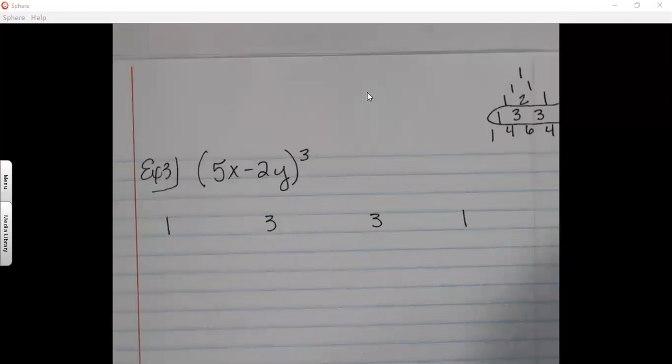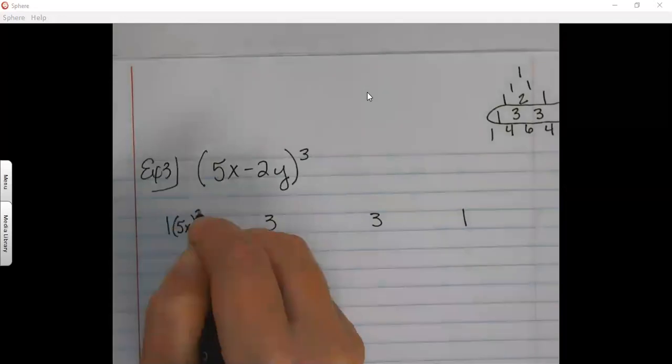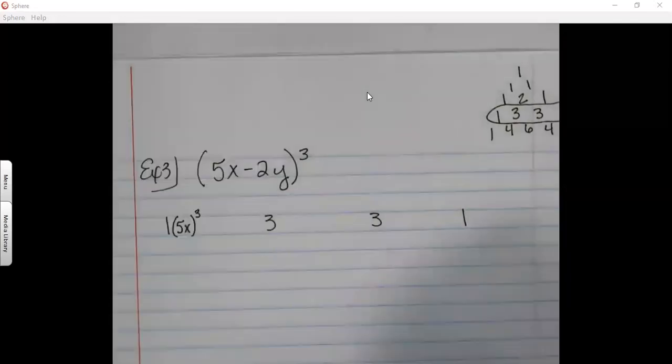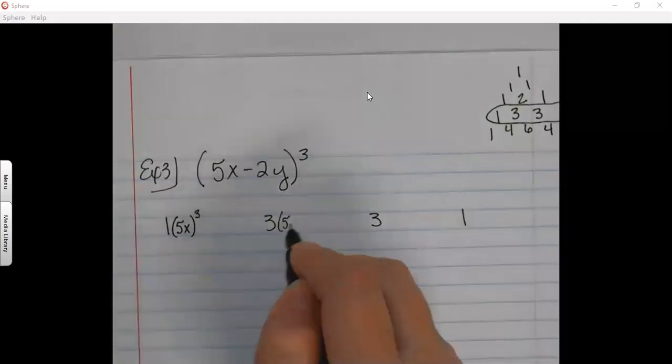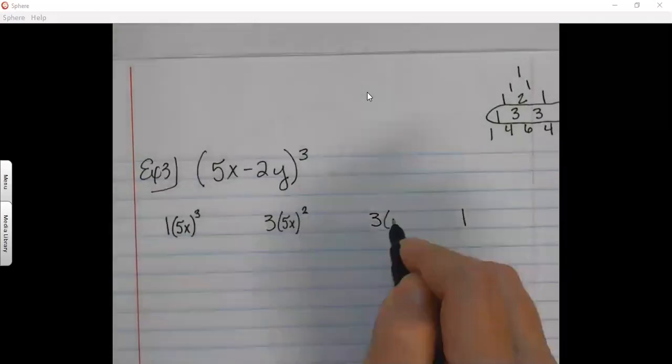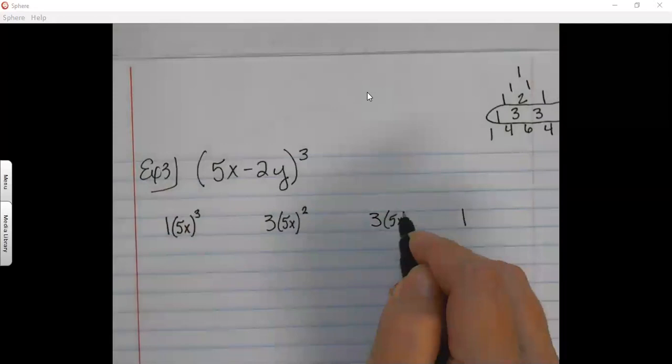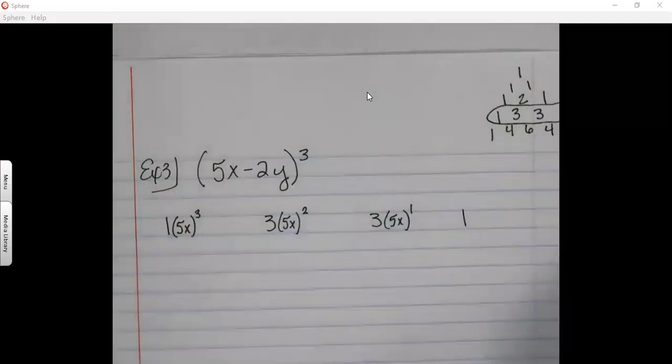So it's not just x to the 3rd power, it's 5x quantity raised to the 3rd power, not just the x. The 5 and the x is being raised to the 3rd power. Whatever the first term is, raise it to the 3rd power. And then we go 5x quantity squared, 5x quantity raised to the first power. And then we will not have a 5x in the last term. 5x to the 0 is just 1. We don't need to put 1 times 1.